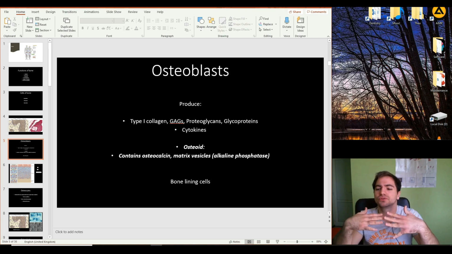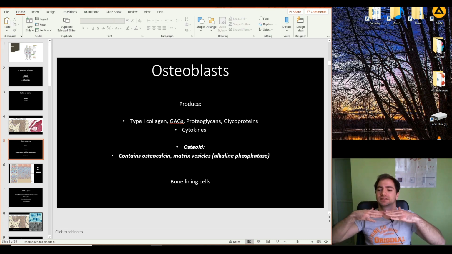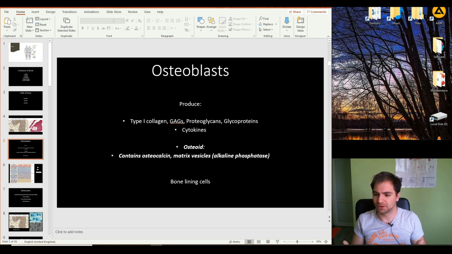So collagen plays a role. Type 1 collagen is nothing more than lines of fibers that in the end will become aligned. Why do we care about this alignment? Well, because it's not just the density and hardness of these ions of calcium and phosphate that make the bone such an extremely resistant structure.